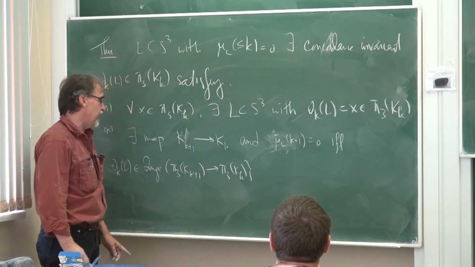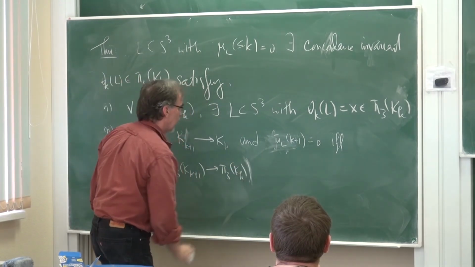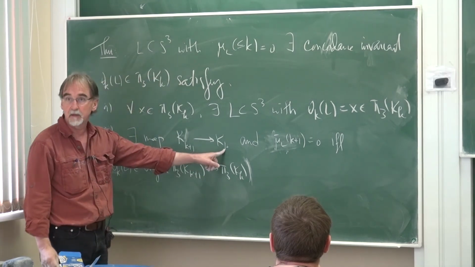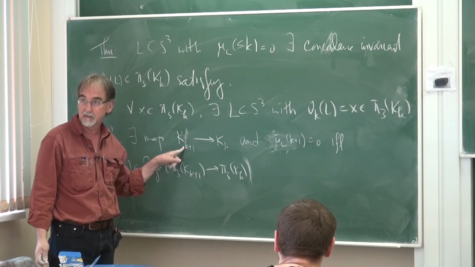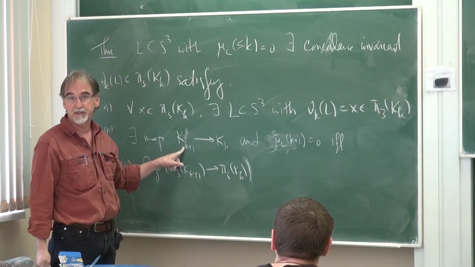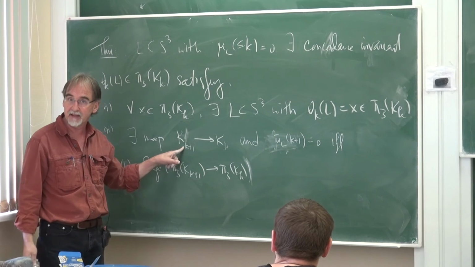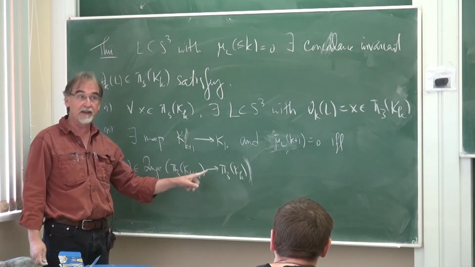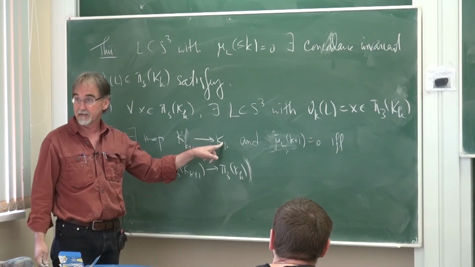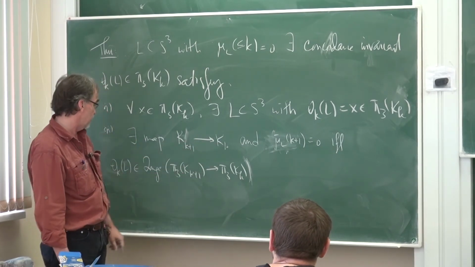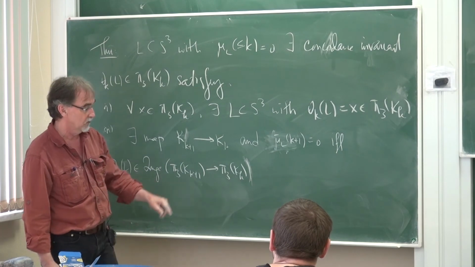So that says I have this element, right? I have this map from S3 into here. If it lifts at all, even up to homotopy, then in fact the Milnor invariants of length k plus 1 vanish. On the other hand, that takes a proof. On the other hand, if the Milnor invariants of length k plus 1 vanish, this invariant exists and clearly heads down to this one. So that's an if and only if, right? If and only if.